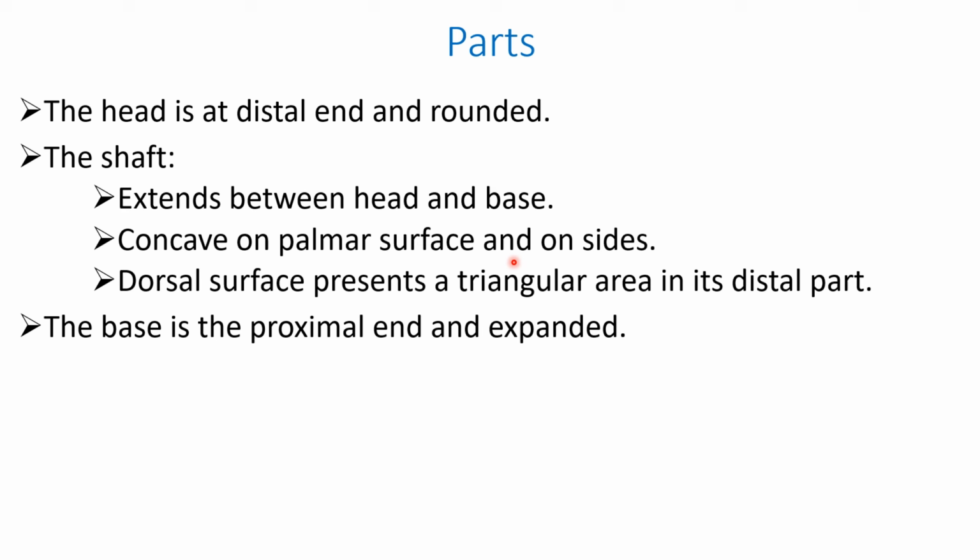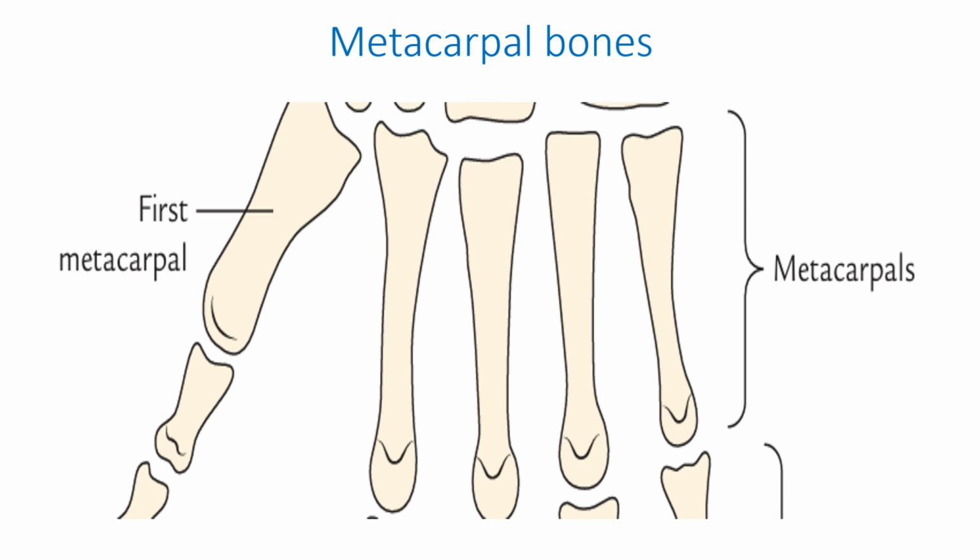The dorsal surface presents a triangular area in its distal part. So the head is the distal end, the shaft is an extension between the head and the base, and the base is the proximal end.